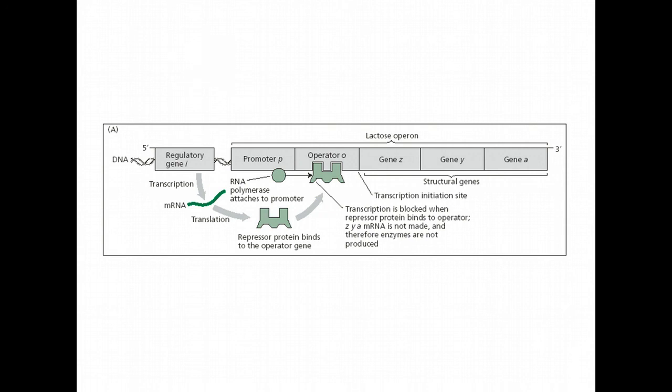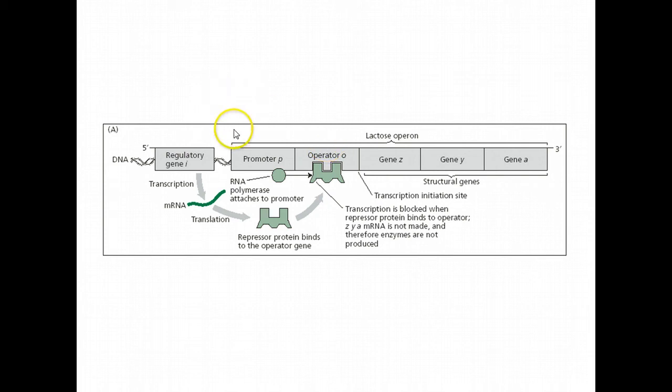This regulatory gene produces, from transcription, a repressor protein. In this cartoon, this repressor protein has a certain three-dimensional shape that's flattened out to be this shape. And this repressor protein binds in a site called the operator. Okay, the operator.